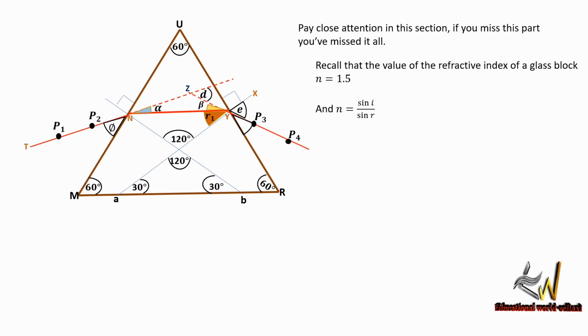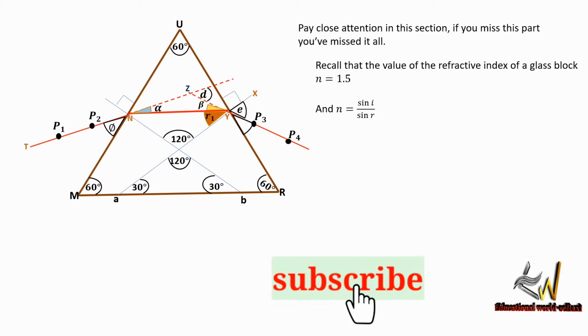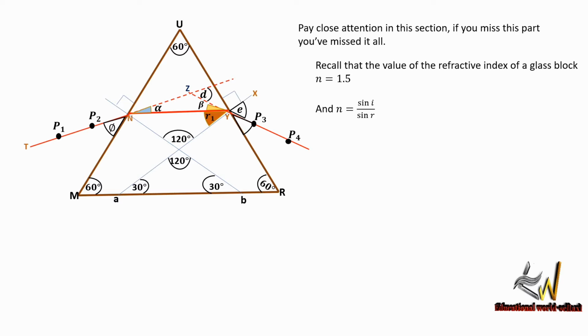Pay close attention in this section. If you miss this part, you've missed it all. Now recall that the value of the refractive index of a glass block is given as 1.5, and the formula for the refractive index is sine i, that is sine of the angle of incidence, all over sine of the angle of refraction.